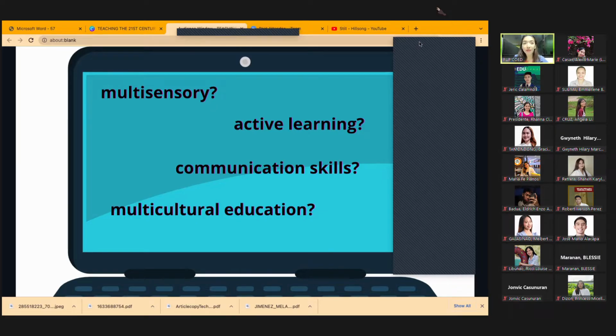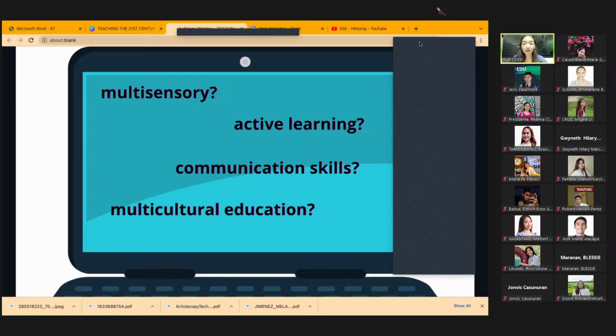So yung mga gagamitin nyo bang tools in the classroom are multisensory, okay, na they are engaged because they are stimulated in the classroom? Does your EdTech in the class support active learning? Does it promote active learning? Would it scaffold or support communication skills?